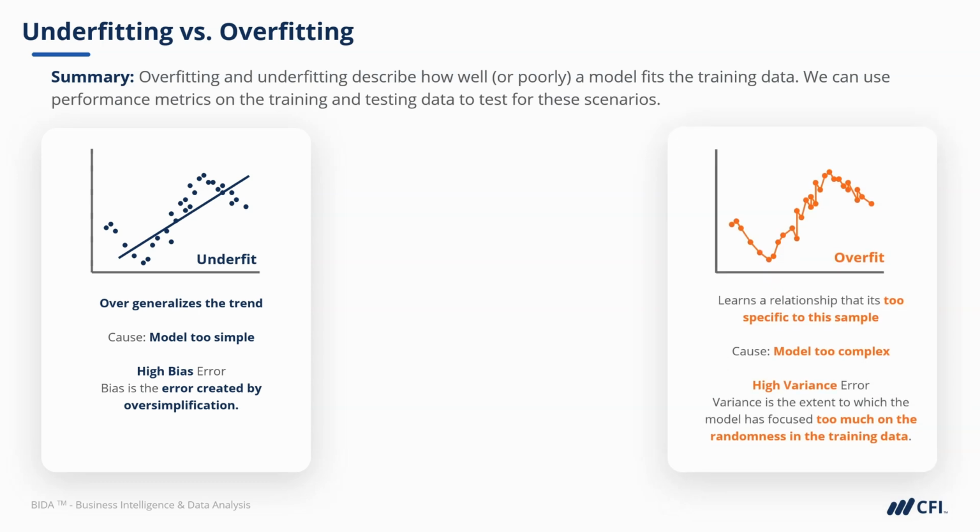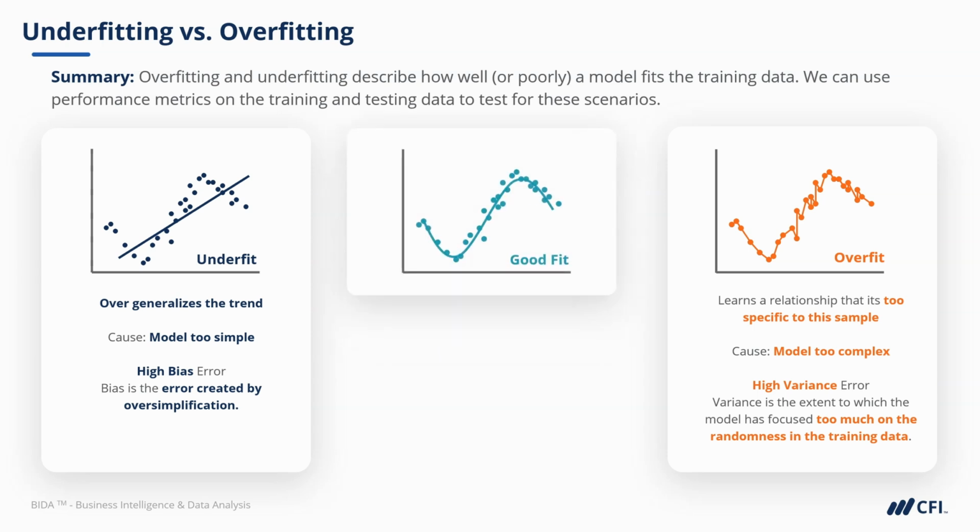An overfitting model learns a relationship that is too specific to the training data sample. This is caused by a model generally being too complex, and an overfit model is said to have a high variance error, where variance is the extent to which the model has focused too much on the randomness in this dataset.